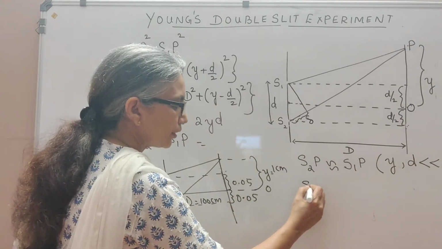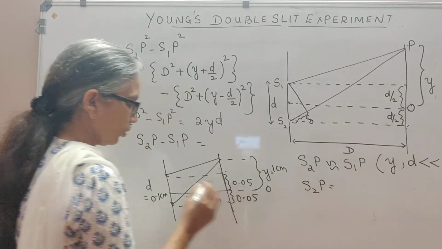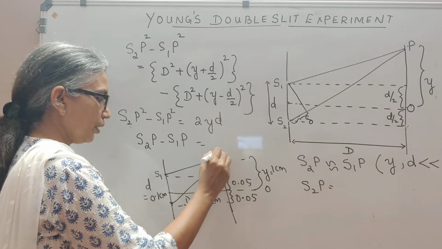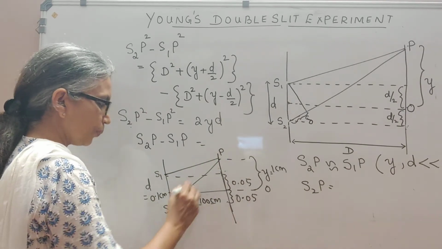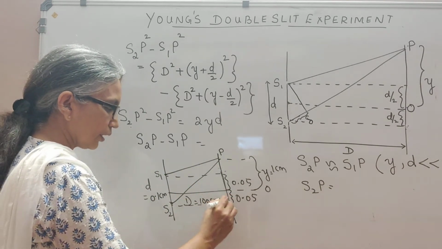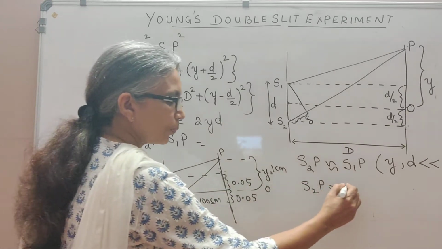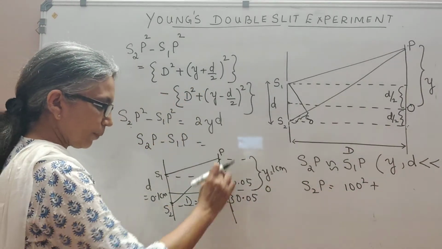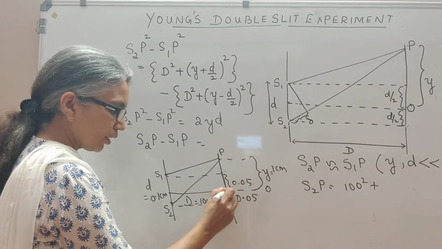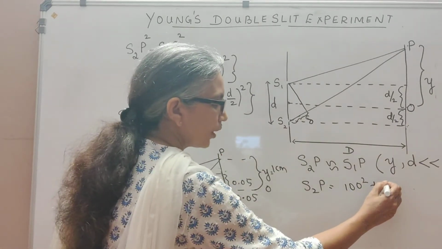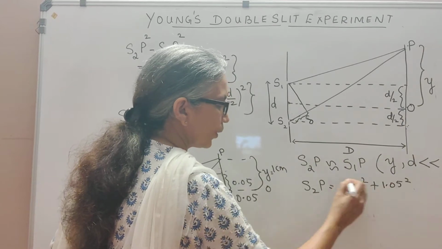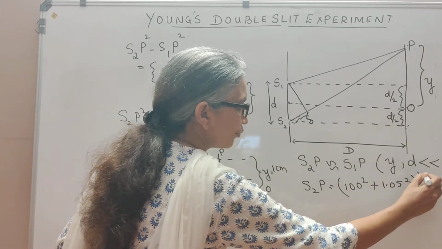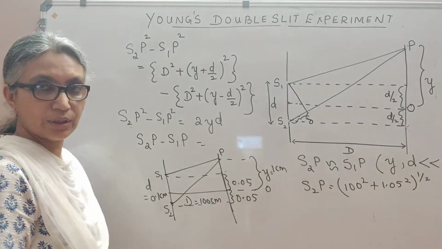So now S2P is going to be equal to, this is S1P and this is S2P. So from this big triangle here, I may write S2P as 100 square plus the base, 100 square plus from here till here 1 plus here, this is 1.05 the whole square, the whole raised to half because it should be the square root.